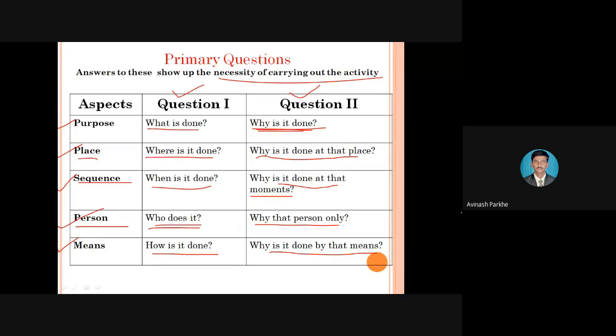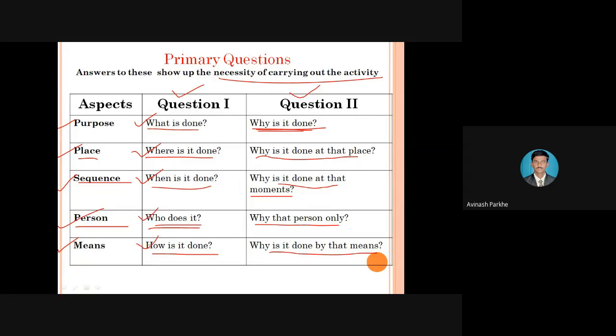So question number 1 and question number 2 are both correlated with each other. In question number 1, all the 5 WHs are present: what, where, when, who, and also how.